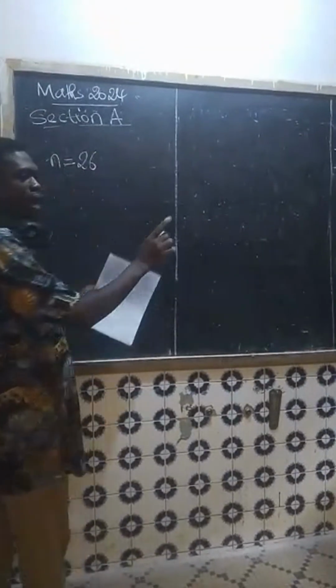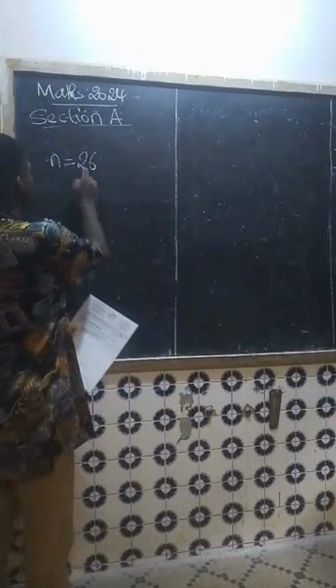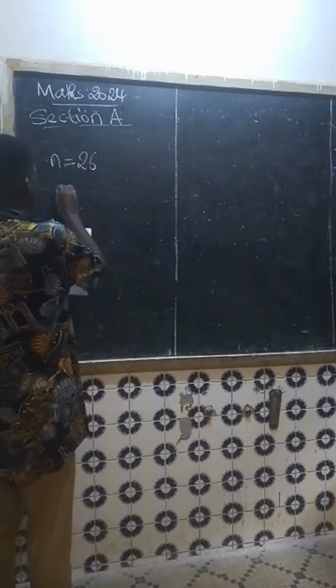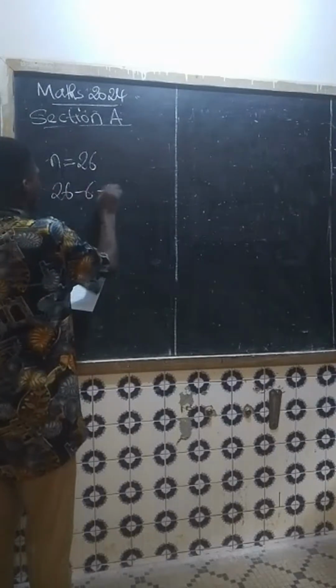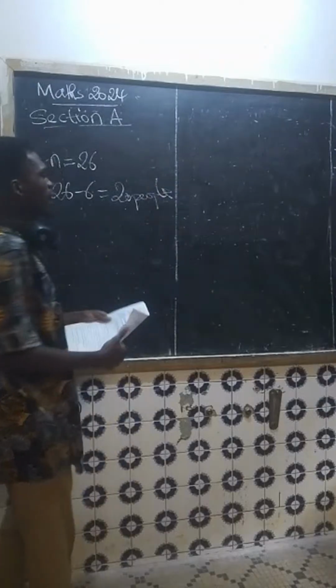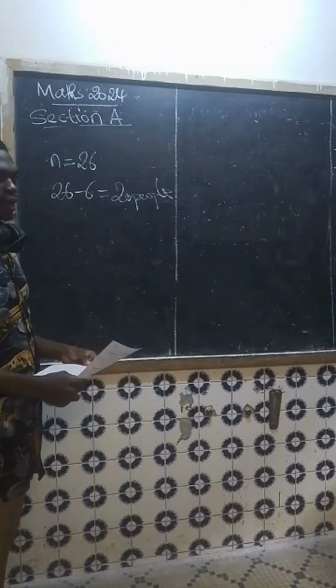So first thing first, people that have neither brothers nor sisters, subtract from here. How many people? 6. So you're left with 20 people, right? It means 20 people, you either have a brother or you have a sister, right?